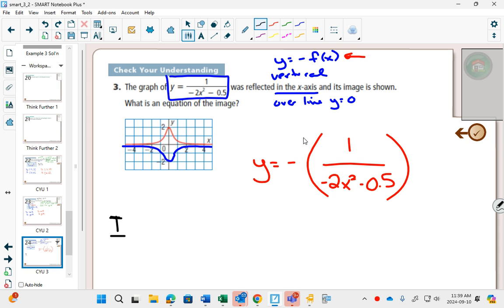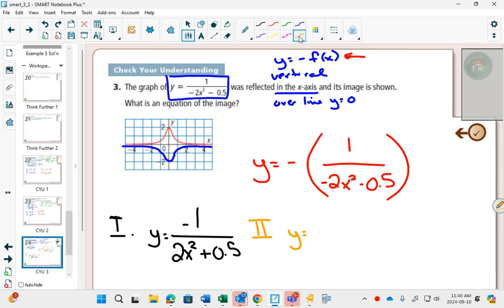and they might write, for big capital I, y equals negative 1 over 2x squared plus 0.5. And then they'll give you an II, and they'll say y equals negative 1 over negative 2x squared minus 0.5.